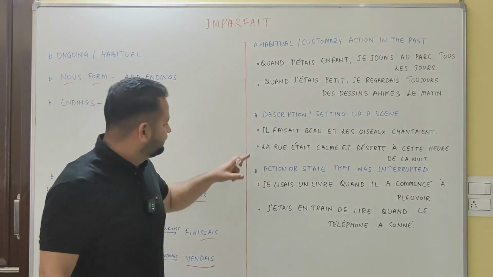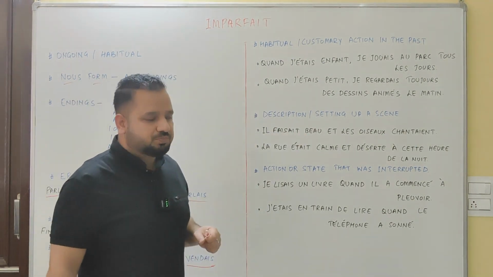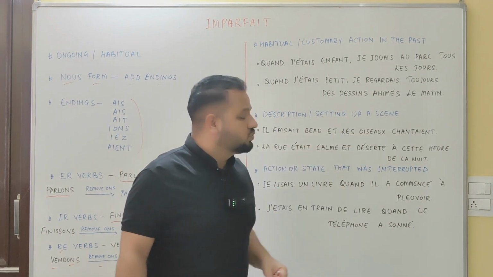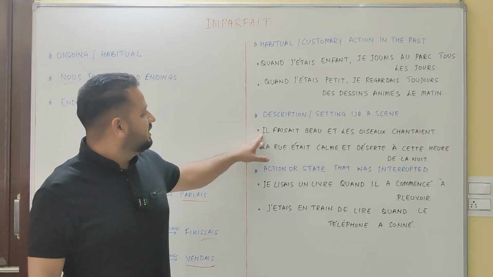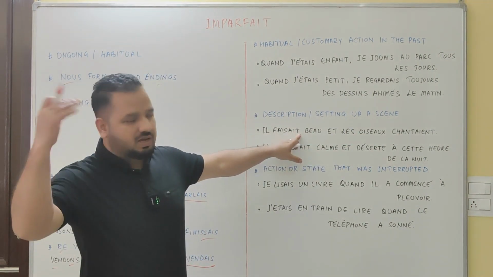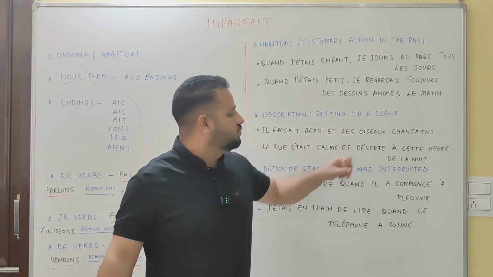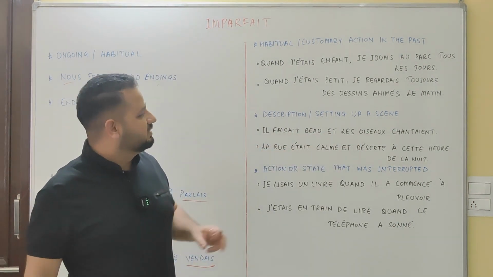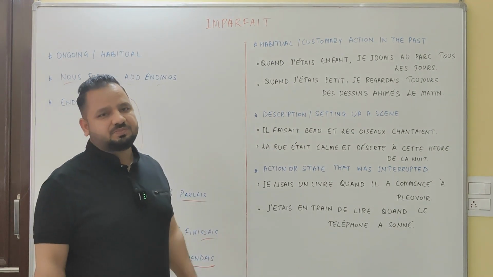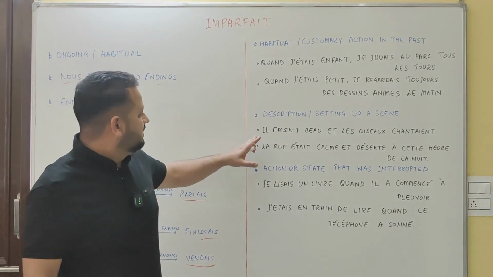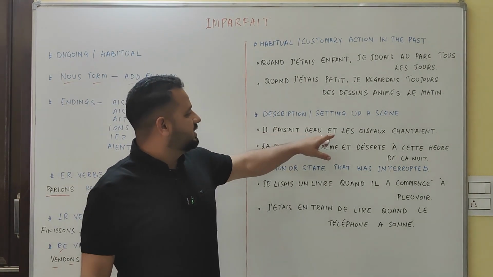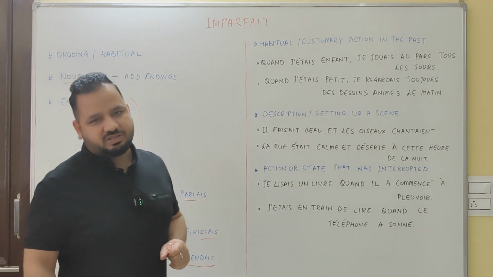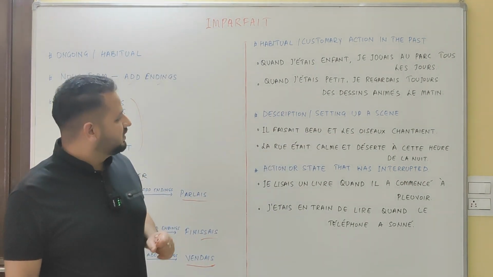Then the second condition is description or setting up a scene, the background. For example, il faisait beau et les oiseaux chantaient. It was beautiful outside and the birds were singing. Right?